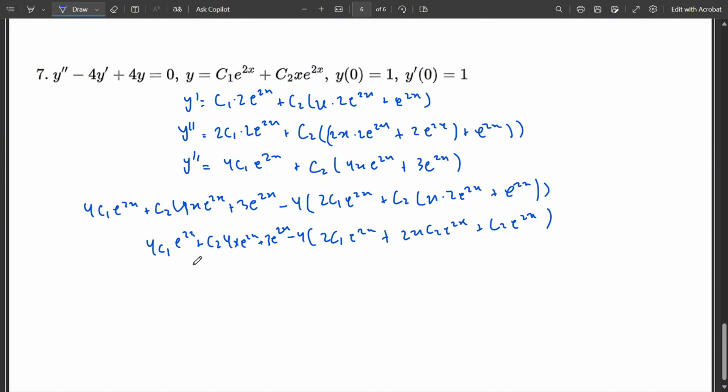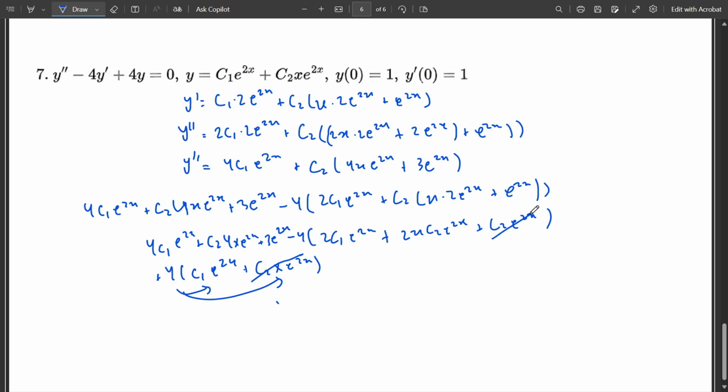So we just have this, and we have plus 4 times (c1 e to the 2x plus c2 x e to the 2x). Well, I think we can cancel out something now. If you distribute the 4 here, this is negative, and plus this one.